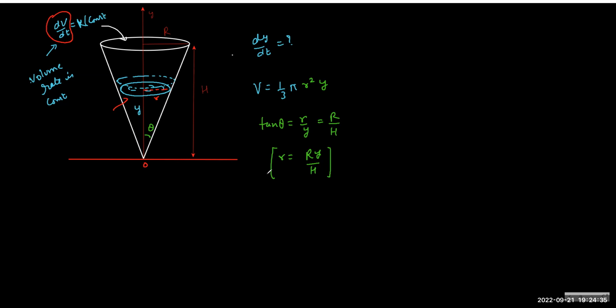The volume we should relate in terms of y itself, isn't it? So we need to eliminate small r, and we have the well-defined formula of r in terms of y. Can we do it now?